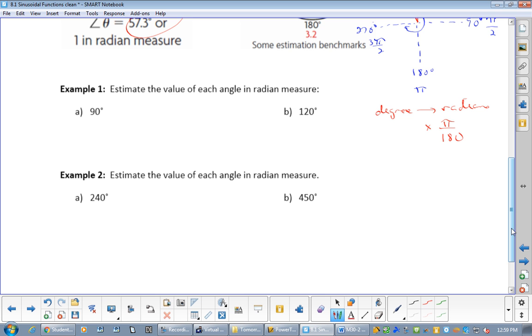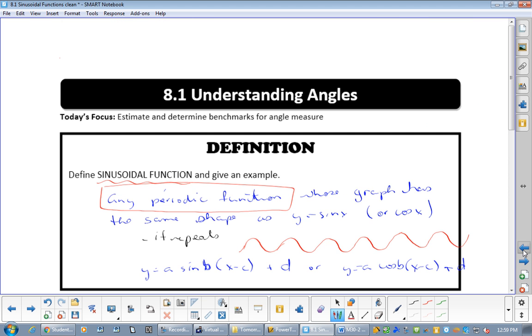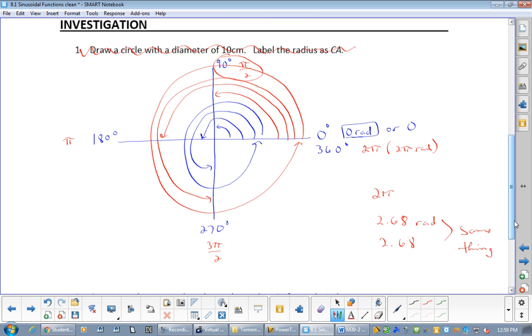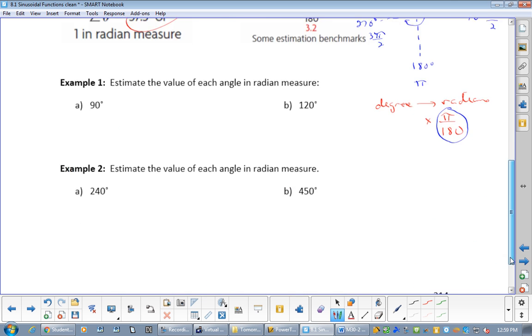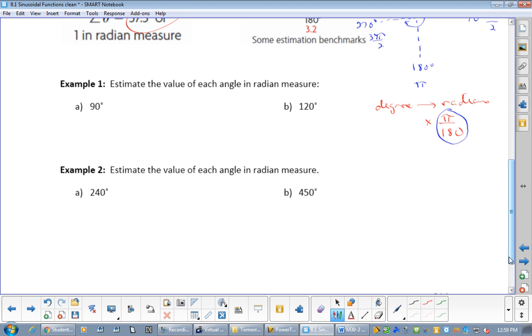Now, if you multiply anything by 1, does it change the number? Is pi over 180 equal to 1? How many degrees is pi? Is this not the same thing as saying 180 divided by 180? So am I multiplying by 1?